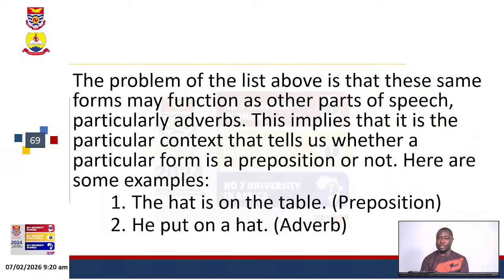He put on a hat. Here we are not relating he to hat by position. We are just saying that he put the hat on. Okay? So the on here is understood to be an adverb and not a preposition.